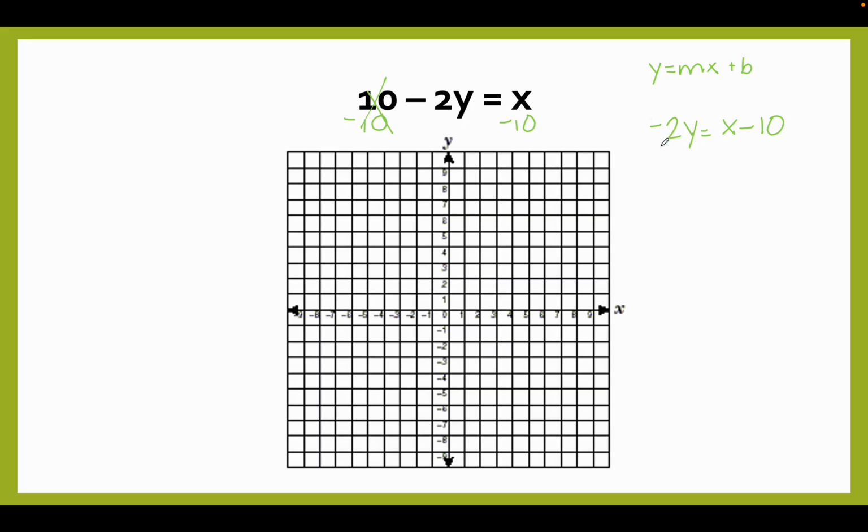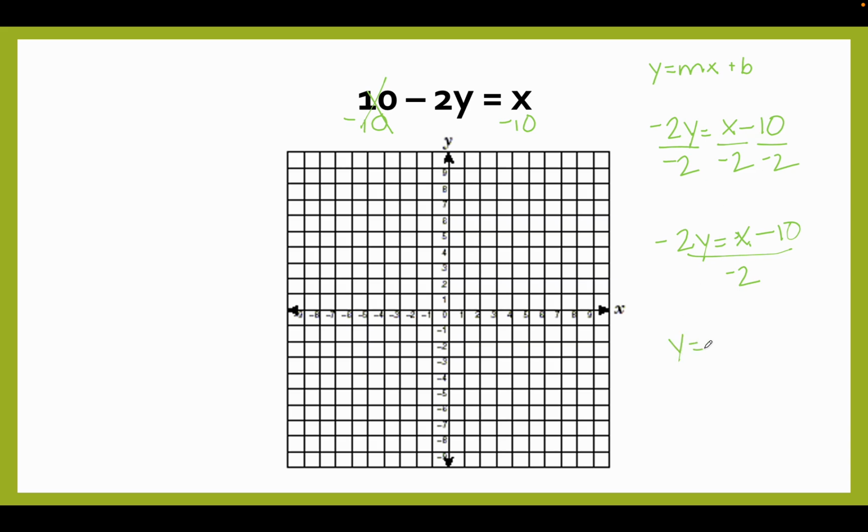The last step I will need to do is divide the entire equation by -2. You can write it by showing that you're dividing every part of the equation by -2, or you could just divide the whole thing by -2 like this. You just need to remember that you're dividing everything by -2.